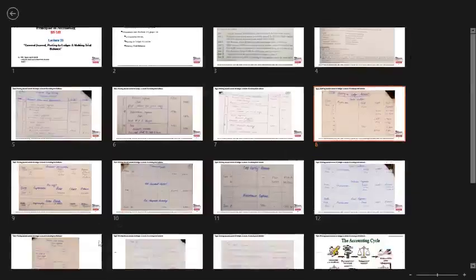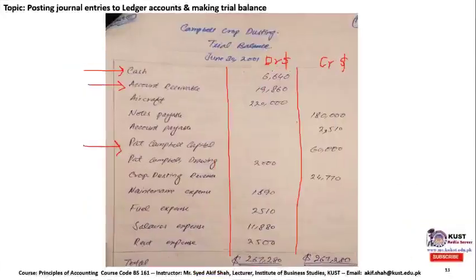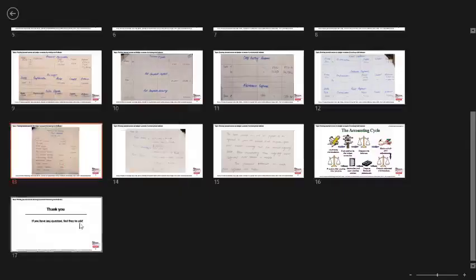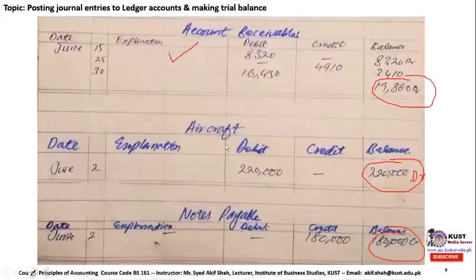Let's go forward to the trial balance. 6,640 debit balance, so we have mentioned it in the proper column. For accounts receivable, the final balance is 19,860.